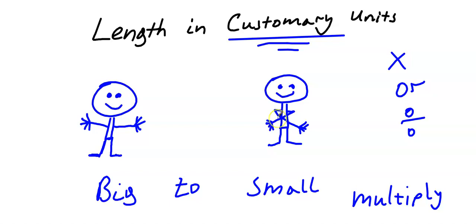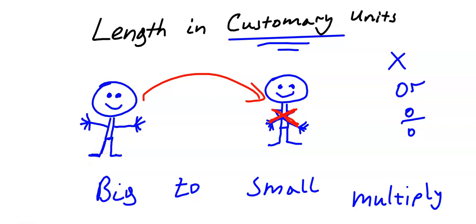And as they cross, look what happens. Those arms form a multiplication symbol. So you see the symbol right there? So he's showing, okay, I have something really big, and now I'm changing it to something small. And something small is when you have your arms crossed. So from big to small, you multiply.